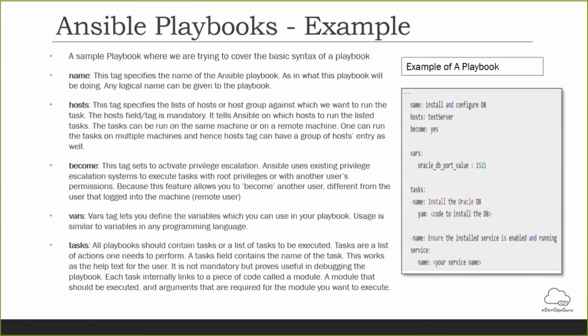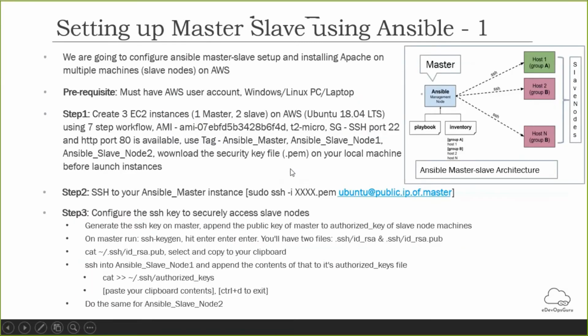Variables are like simple variables in other programming languages. You can use these in your playbook. Tasks are mainly the instructions to be followed, like the installation command, the edit command, or the run command. Those things can be in the task category. So this is some basic understanding.